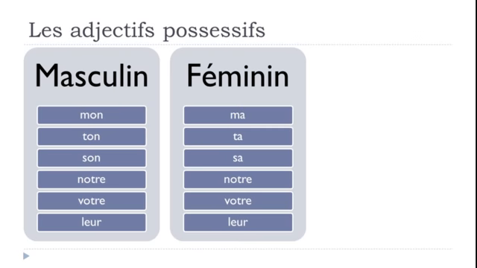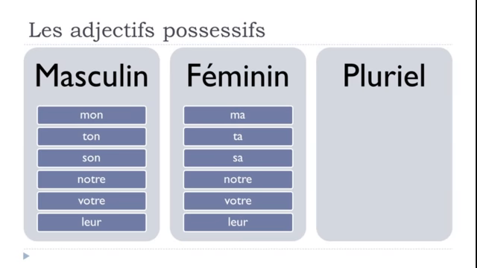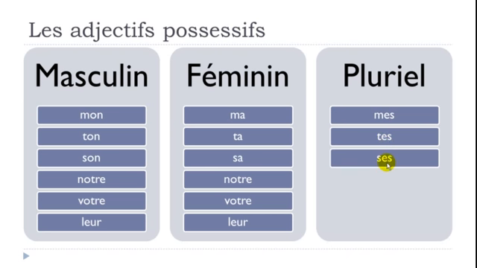Okay, and now let's see the plural part here. For the phonetical or pronunciation aspect of it, remember that this es here combined will give you the sound eh. So you'll pronounce it like mes. Okay, tes, so logical, same pronunciation here, tes, ses. All right, so mes, tes, ses.